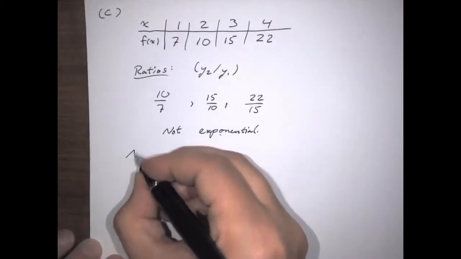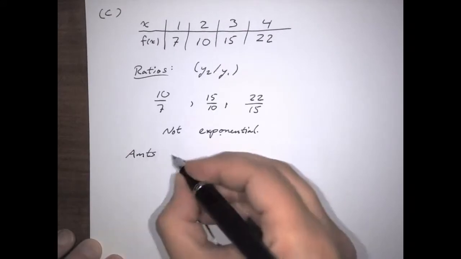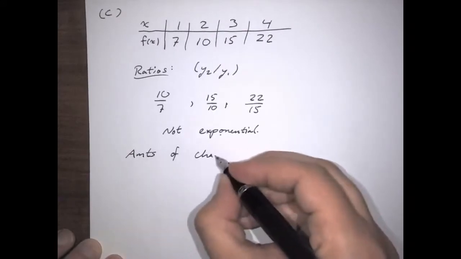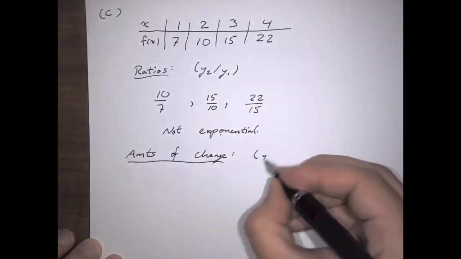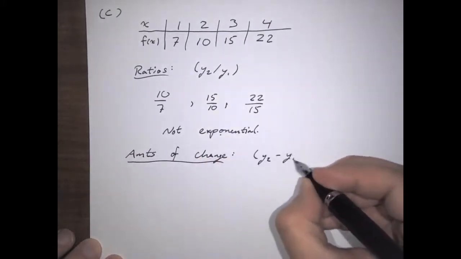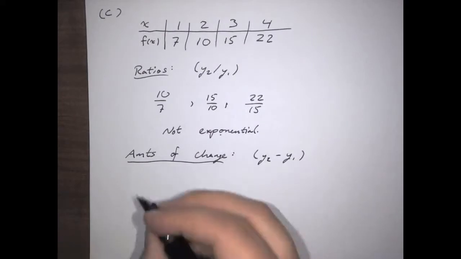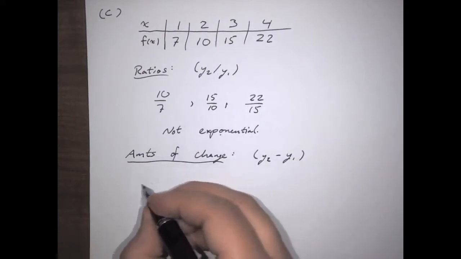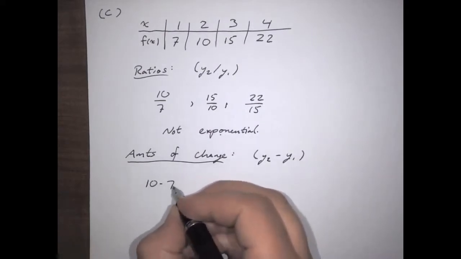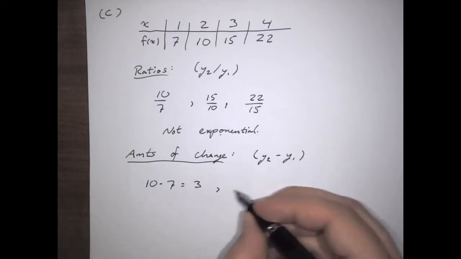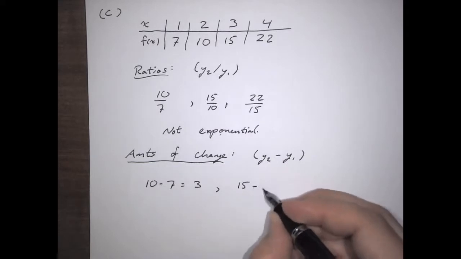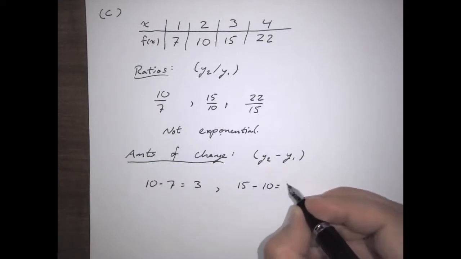And then the amounts of change, y2 minus y1. So those are going to be 10 minus 7, which equals 3. 15 minus 10, which equals 5.